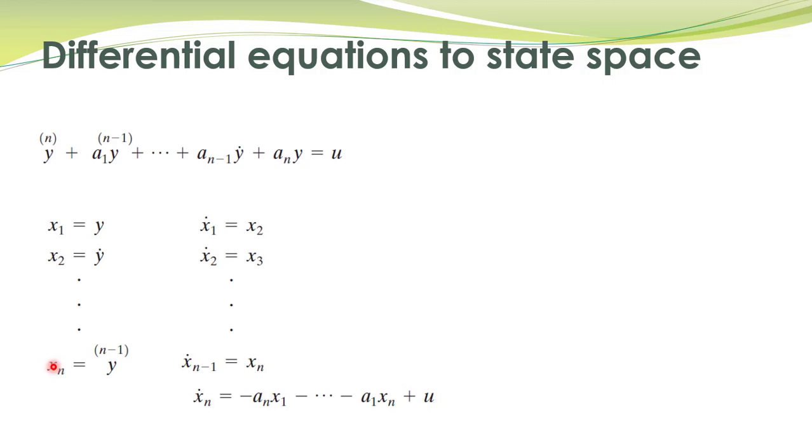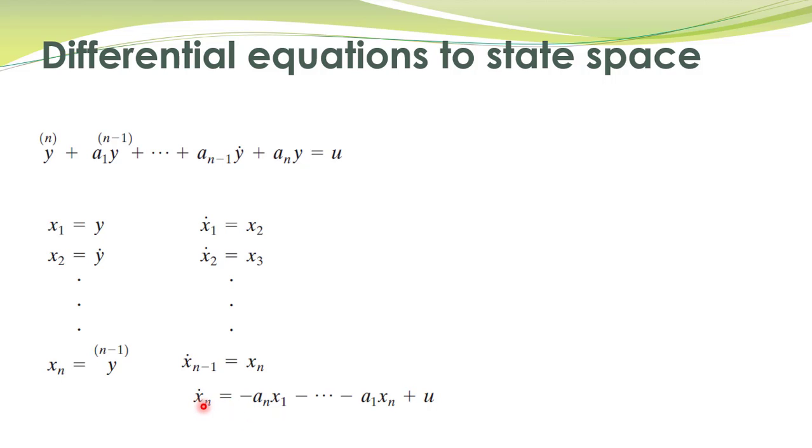The derivative of xn will be equal to the nth derivative of y, and from this equation an expression for this nth derivative can be easily obtained. Shift all these terms to the right hand side. So that is done over here.